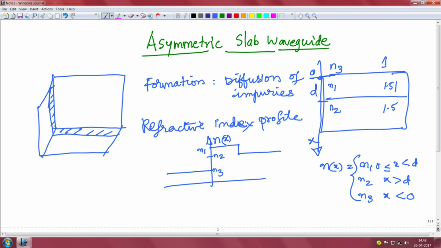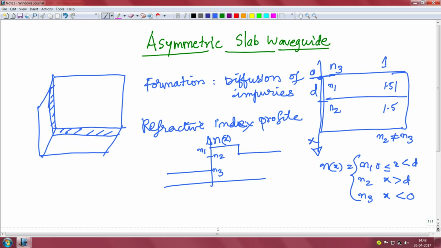So, these are called the guiding layer, the substrate and the cover, 3 different layers. Tentatively we will say that N2 need not be equal to N3, and usually for convenience we can also say that N2 is more than N3.